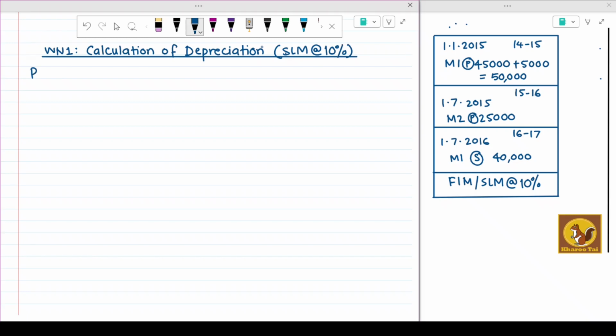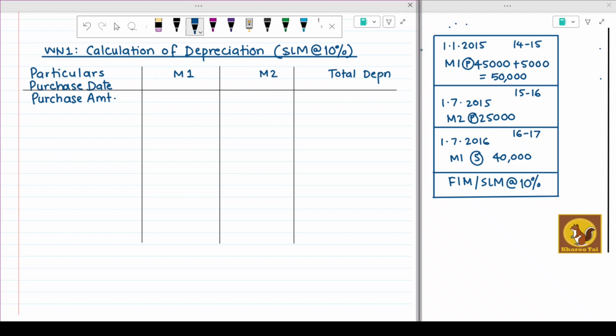So we will need particulars. We have two machinery, right? So M1 and M2, and at the end total depreciation. We will need purchase date and purchase amount. So let's put in the purchase details.